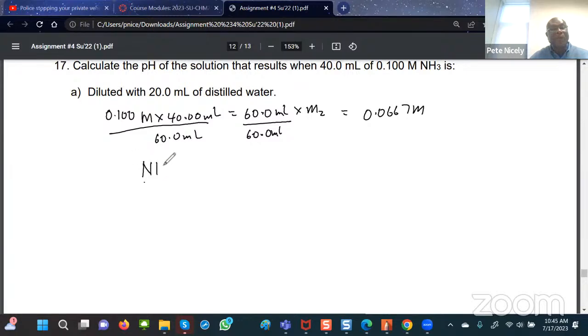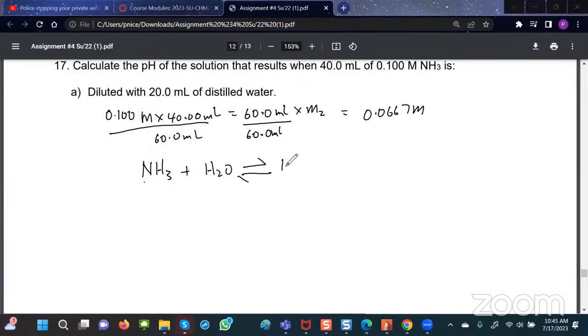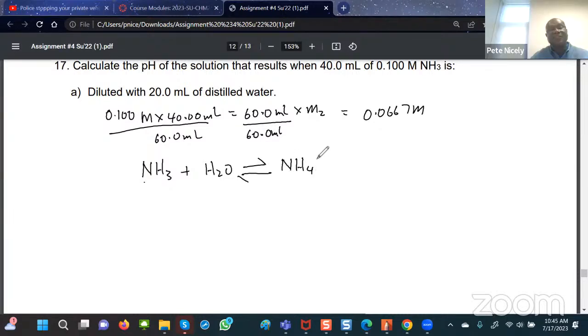What happens when ammonia is added to water? What's the equation? NH4+ plus OH-.